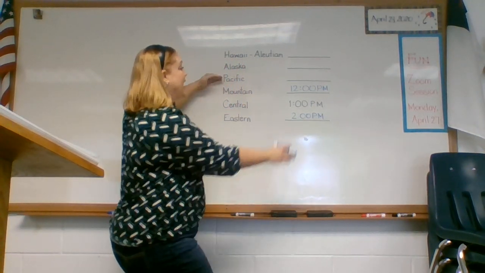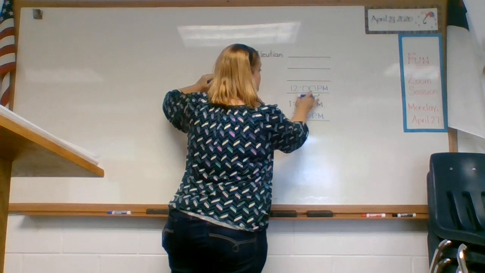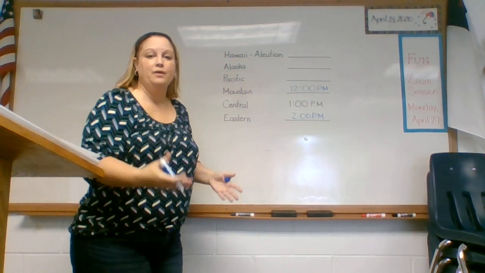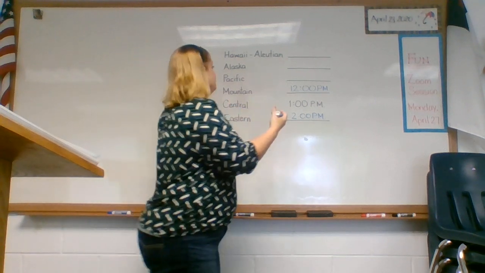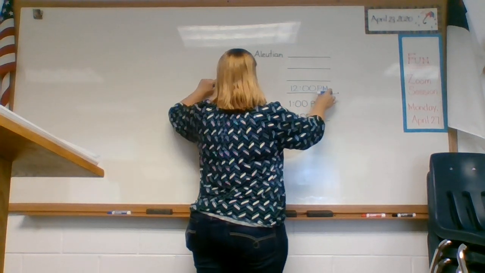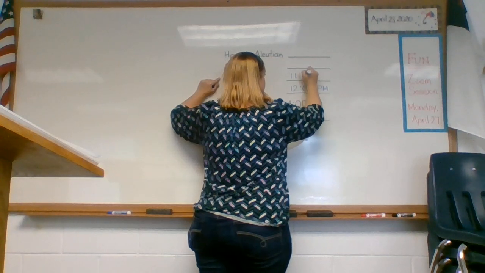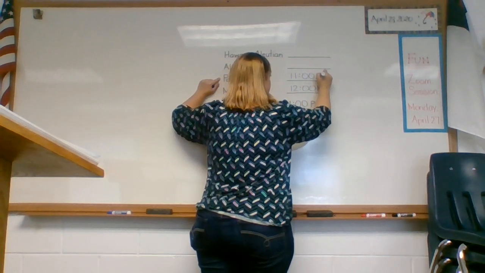And are you remembering, anytime you have 12 o'clock and you're moving forward or backwards, whether it's a.m. or p.m., the prior hours are going to change the time of day, not just by hour, but by AM or PM.